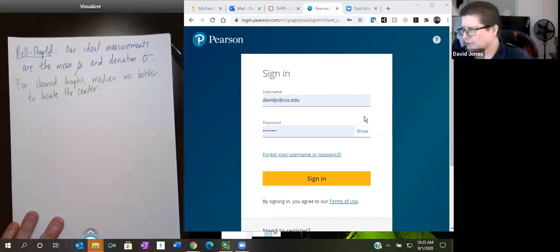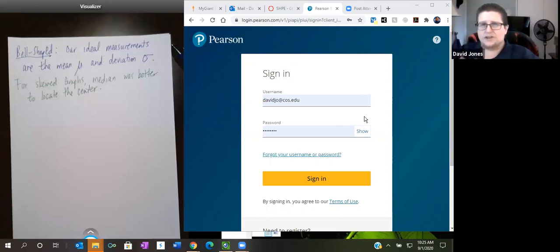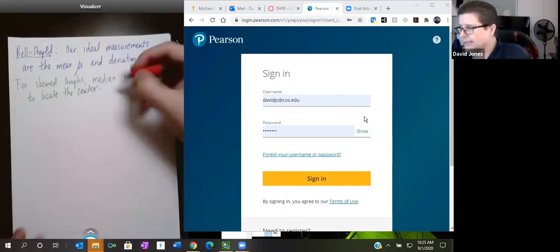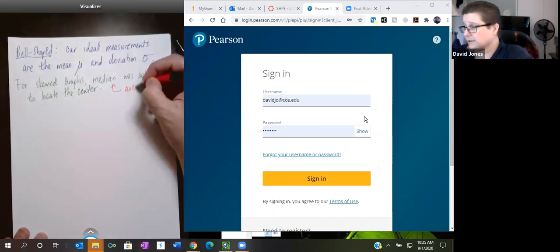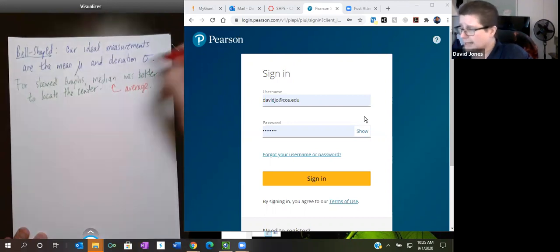Just like on bell-shaped, we had 2 things: the mean gave us where the center was, and the deviation showed us our spread. So we need average and spread. Median is our average here, just like it is there.